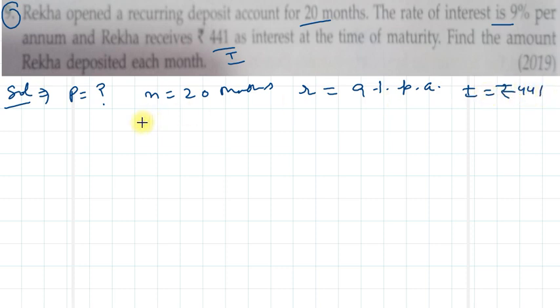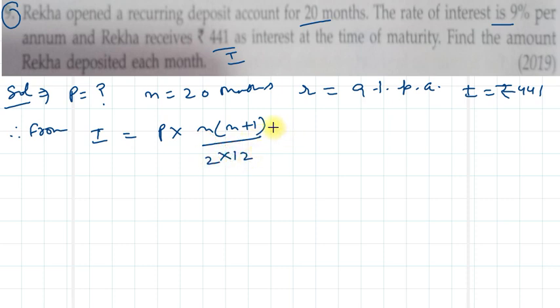We have to find out P. So therefore from I equal to P into n into n plus 1 upon 2 into 12 into R upon 100.